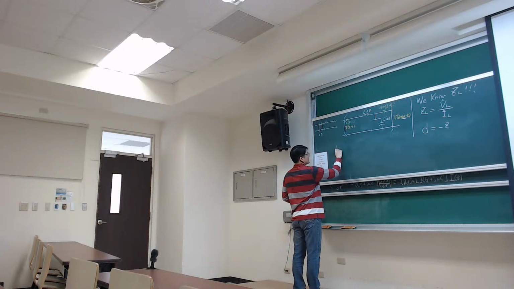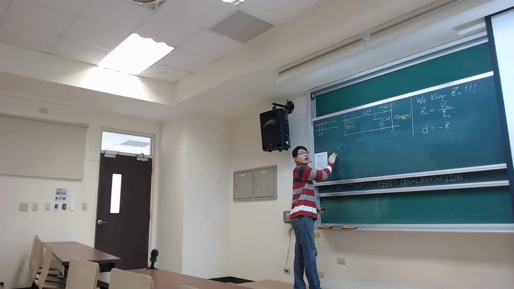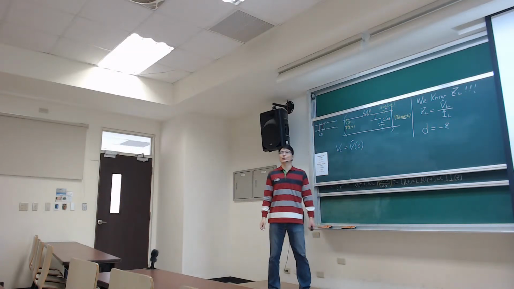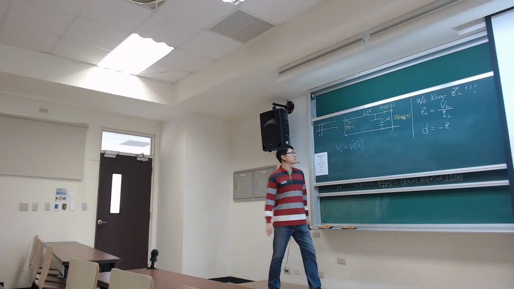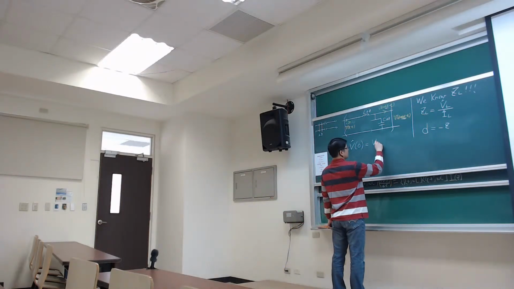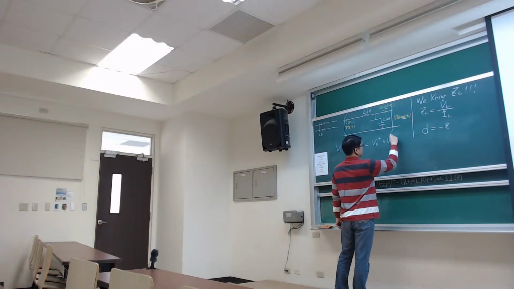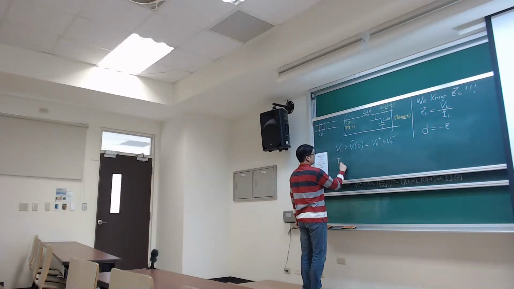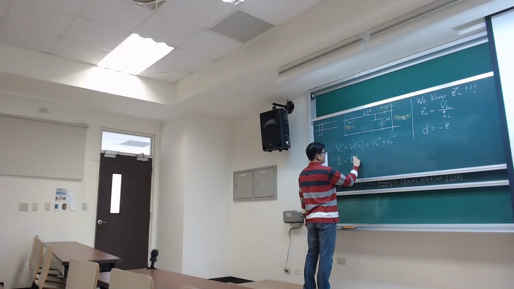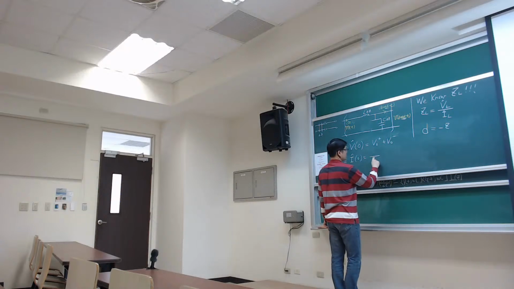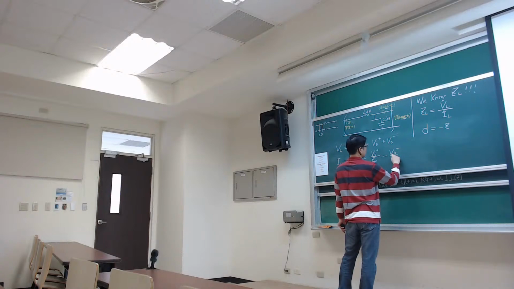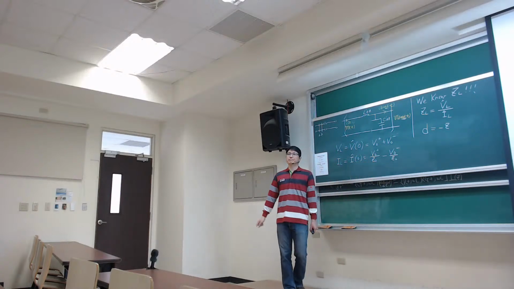So what I know is VL, the voltage at the load, is V of 0, Z equals 0. So this is directly V0 plus plus V0 minus. IL is I at 0. This is (V0 plus minus V0 minus) divided by Z0.